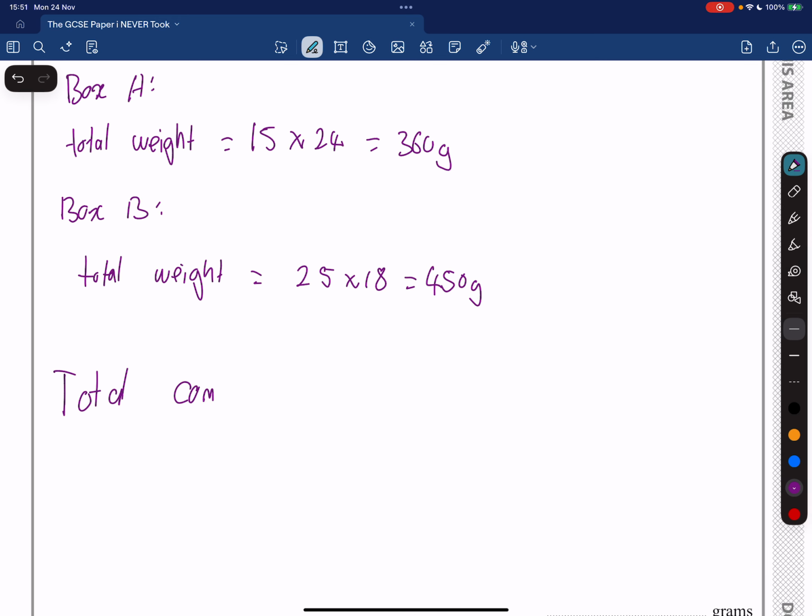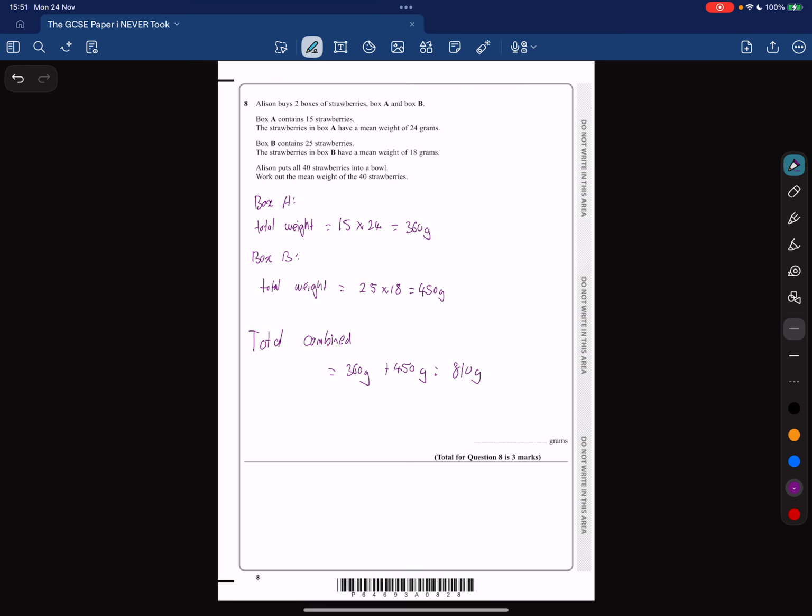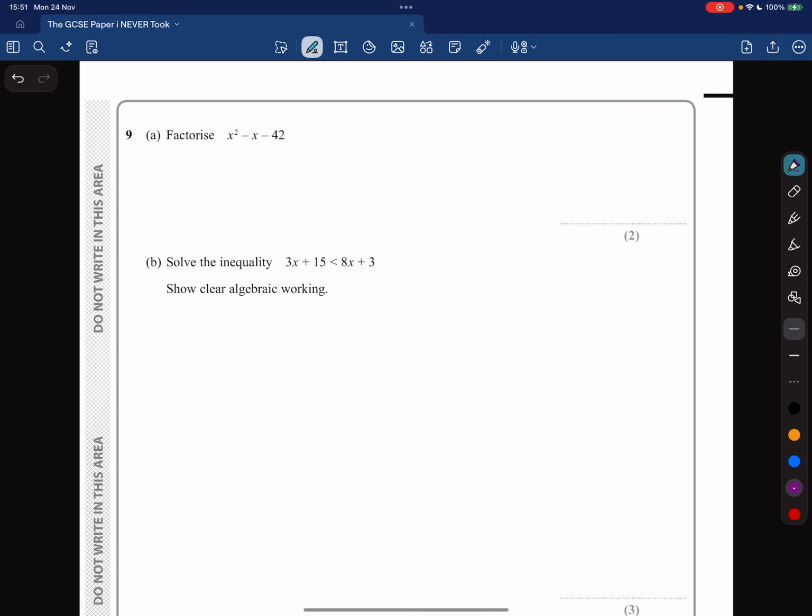Total combined is equal to 360 grams plus 450 grams, which is equal to 810 grams. Sweet. Let's move on to the next one.